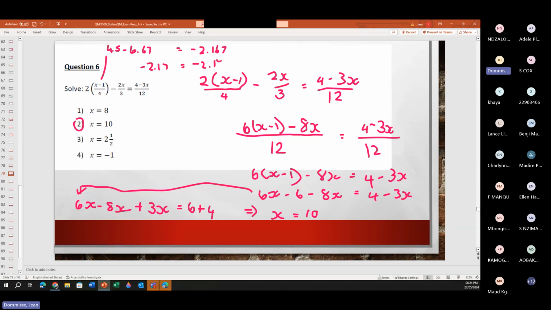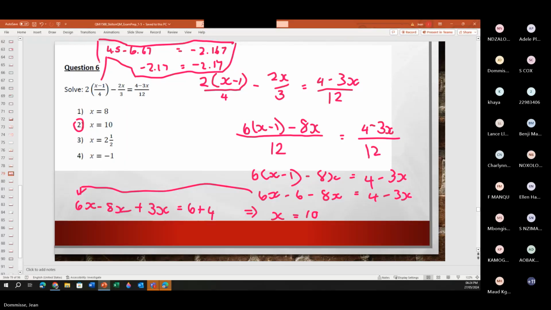So yes, not very nice numbers that we deal with in the end if we want to test it, but we can still test the answer if we put back the 10 into that original.